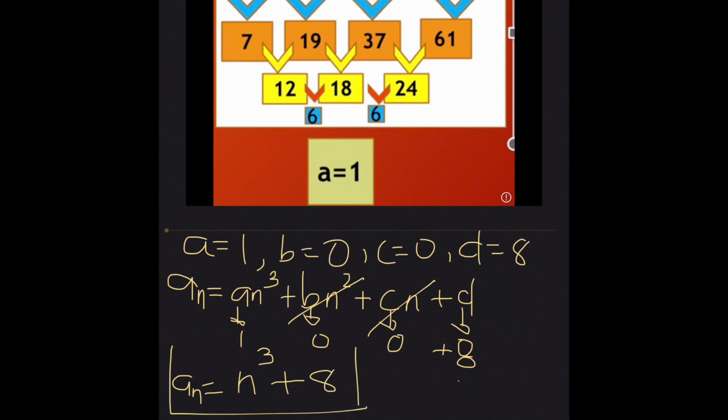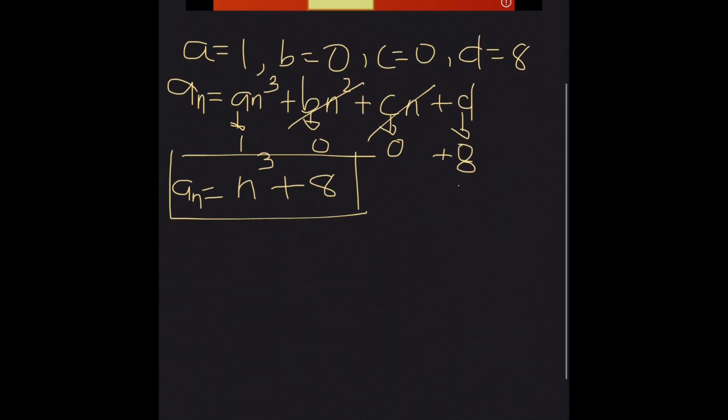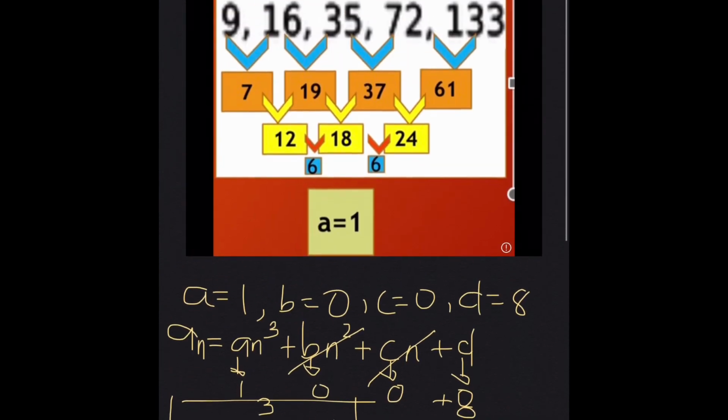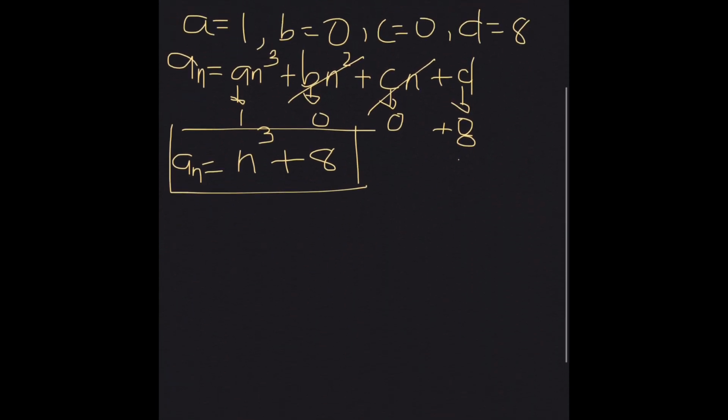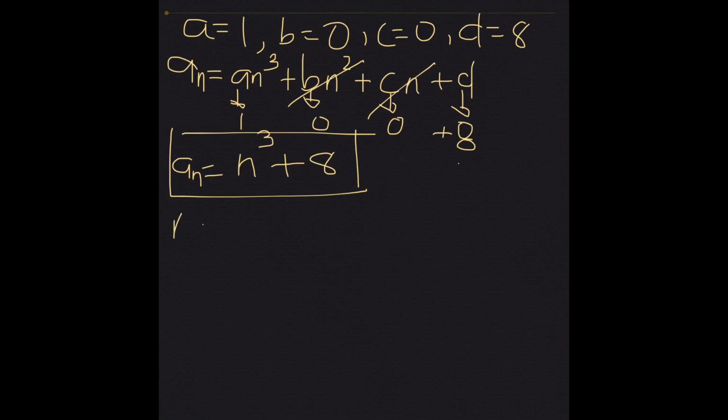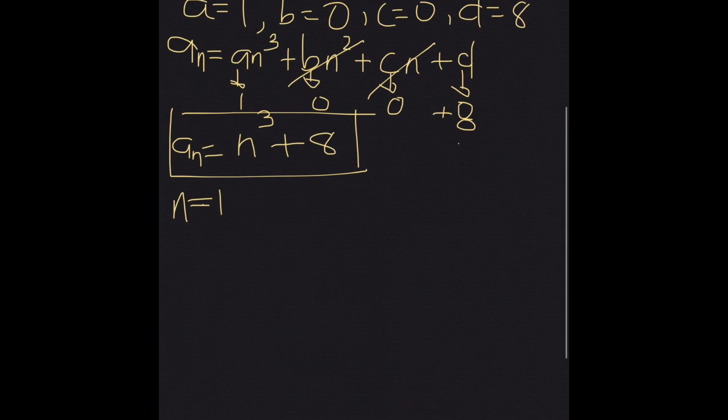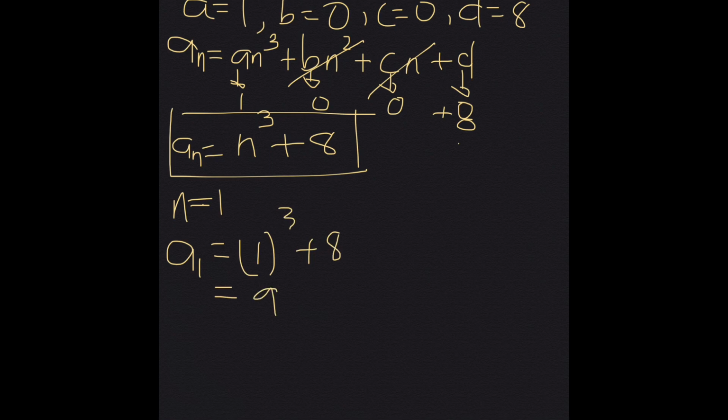Let us try to check if our explicit formula is correct. I will use the value of n as equal to 1. Let us see if the result is the first term. n is equal to 1. Substitute that in the formula. So a sub 1 is equal to 1 cubed plus 8. Do we get the first term?